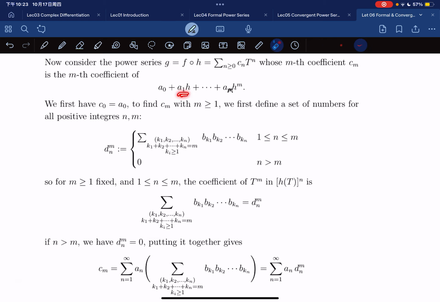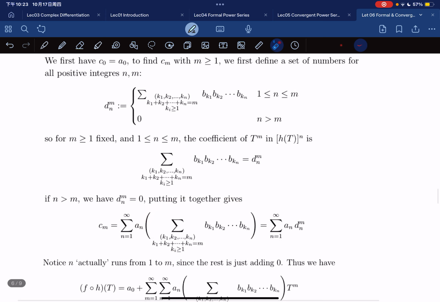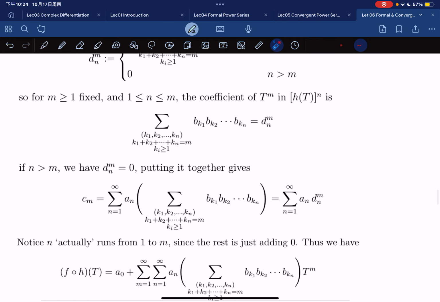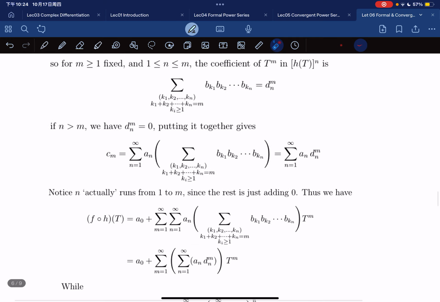You get the idea, A1 of the mth coefficient, which is this. So Cm is actually equal to this, the sum from n equals 1 to infinity of an dnm.